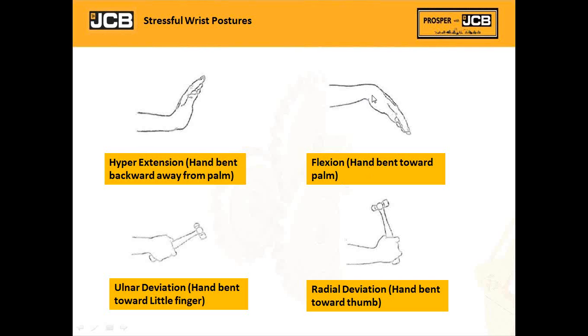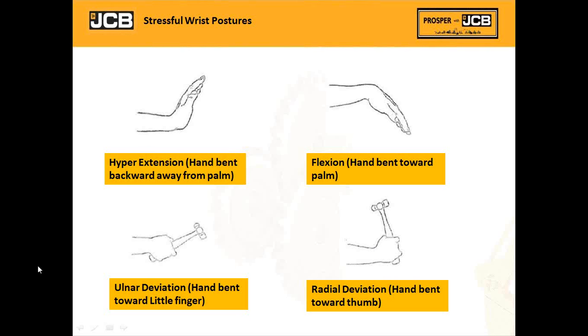So this is again a stressful wrist posture. And here the hand is bent toward the little finger, and again the wrist is exposed to a stressful posture. And now when the hand is bent towards the thumb, again this is a stressful posture.